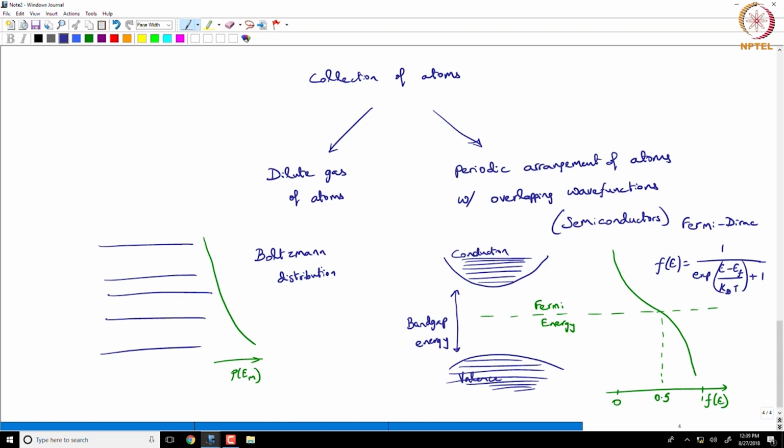Whereas, if you are looking at semiconductors, you essentially have to take into account this Fermi-Dirac distribution. Just for completeness, the probability of occupying an energy Em is given by exponential of minus Em over kBT.